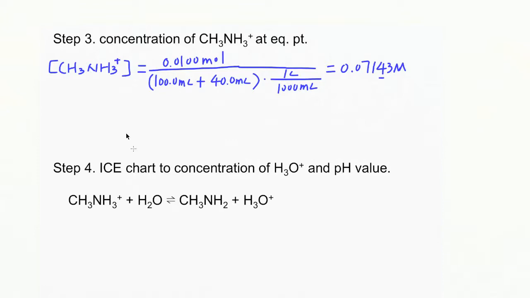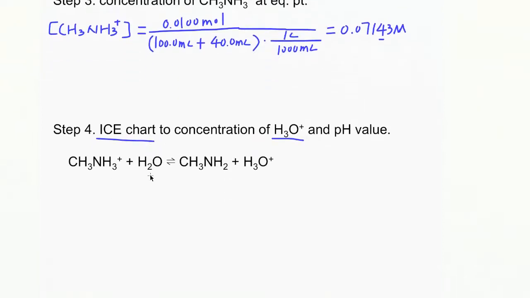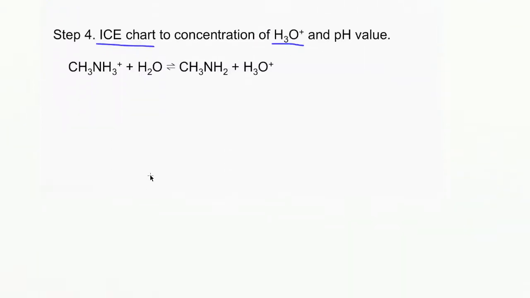Now, based on this calculation, we can go ahead and do the calculation of the pH value by using the ICE chart. Here is the ICE chart that we need to use: initial concentration, change, and equilibrium concentration. This is a weak acid, so in water, it's going to dissociate to give you conjugate base and the hydronium.